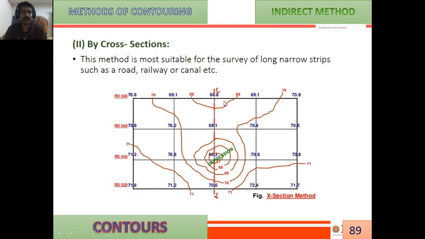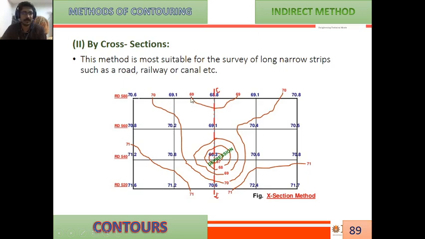If the terrain is a depression, the grids are formed and the elevation values obtained; from that you can see 70.6, 69, 68, again it keeps on rising. The center here falls like a V shape or channel, right? So in that you can get 68.8, 69.1, 69.4.